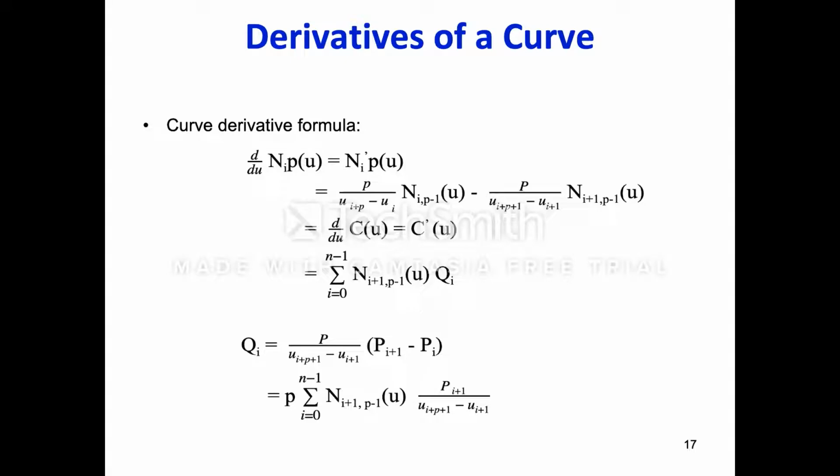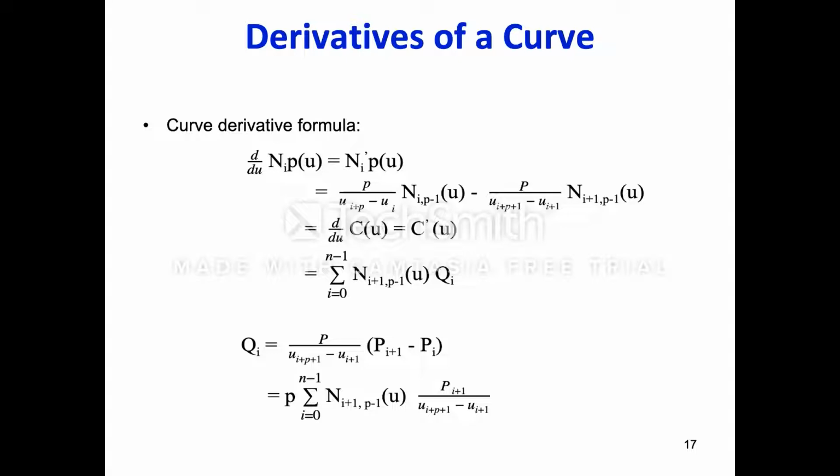Coming to the mathematical derivatives of a curve, the curve derivative formula goes like d by du of N_i,p of u gives N prime i,p of u. We split the function.